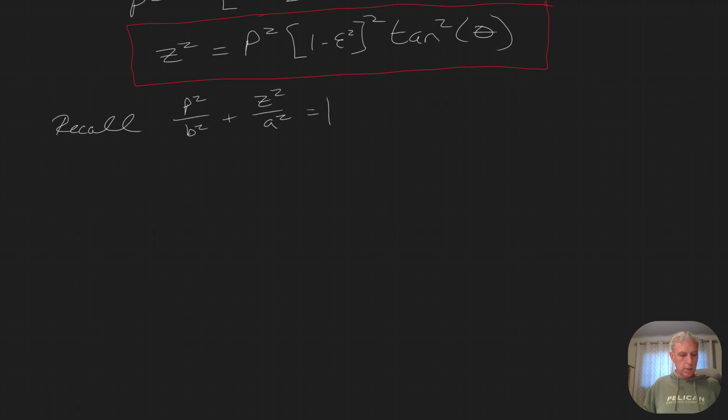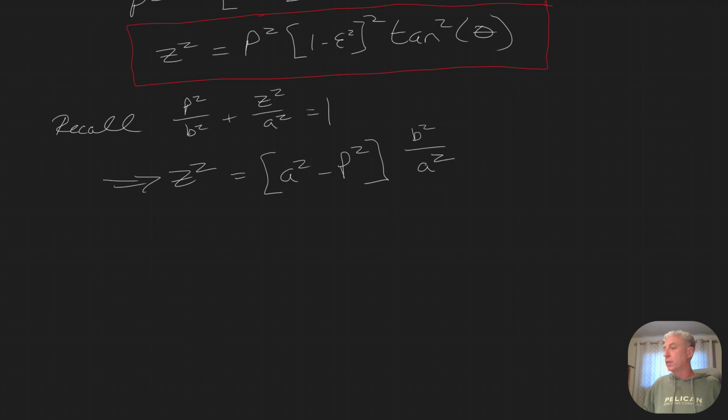We get z squared equals a squared minus p squared times b squared over a squared. That's just solving for z squared from our ellipse definition.